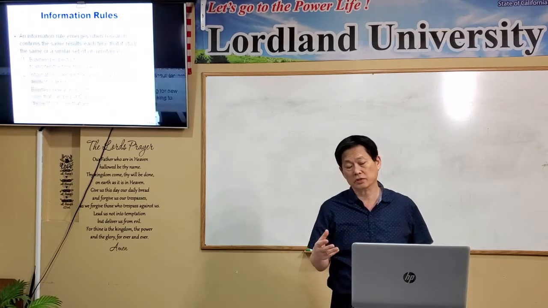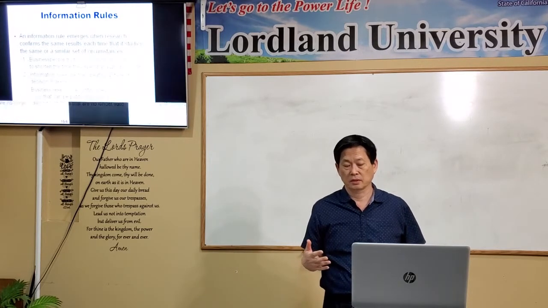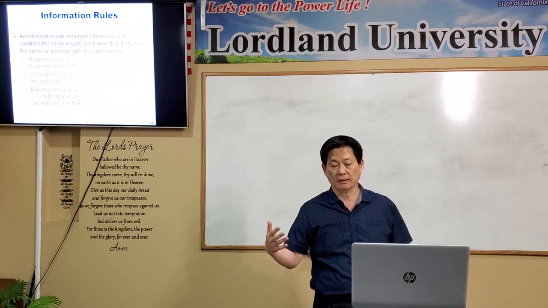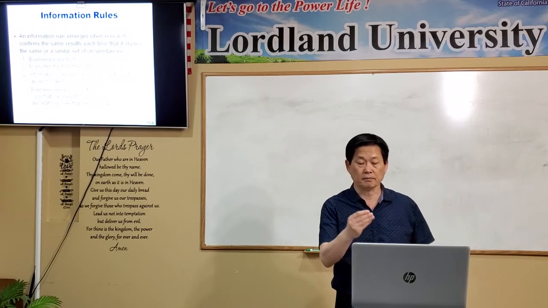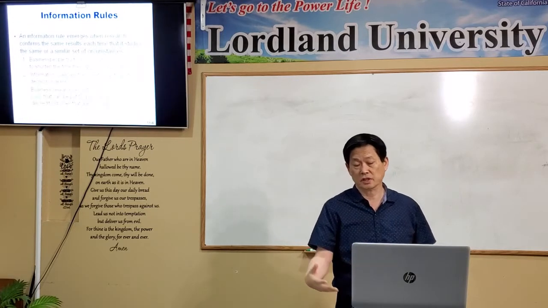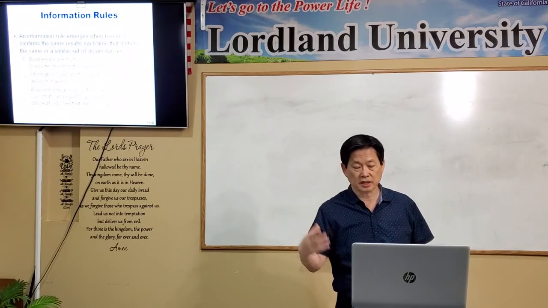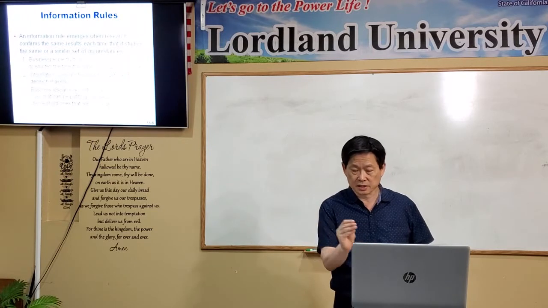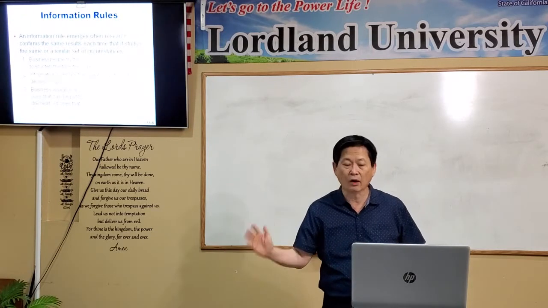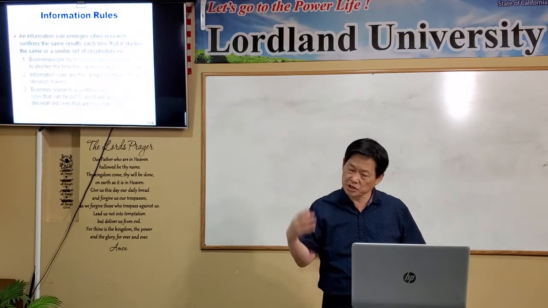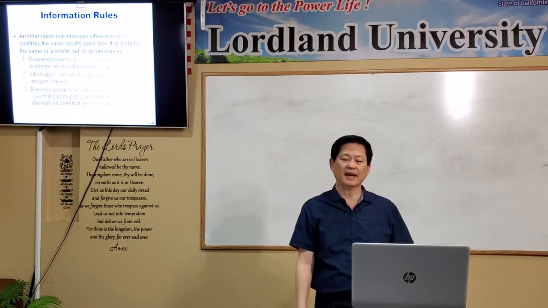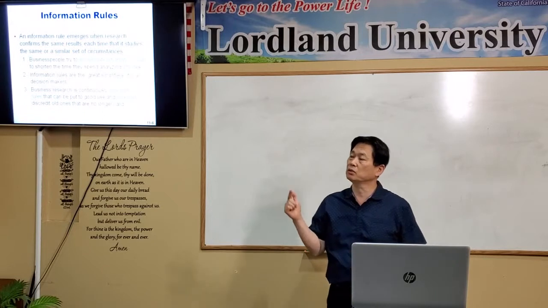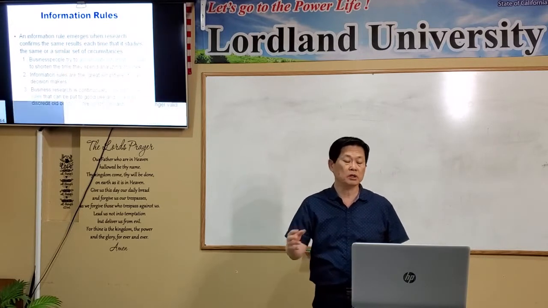The research studies the same or a similar set of circumstances, and the same result appears continuously. In that case, an information rule can emerge.